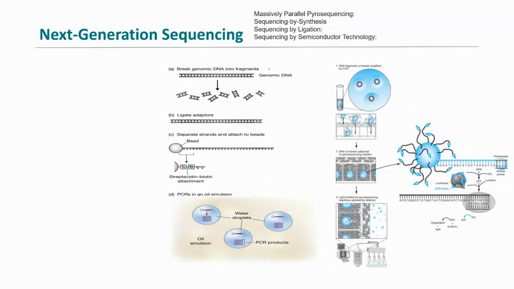The next generation sequencing, basically there are several different types of next generation sequencing, but they are based on single-molecule sequencing. And there are 4 different ones: massively parallel sequencing, sequencing by synthesis, sequencing by ligation, and sequencing by semiconductor technology.